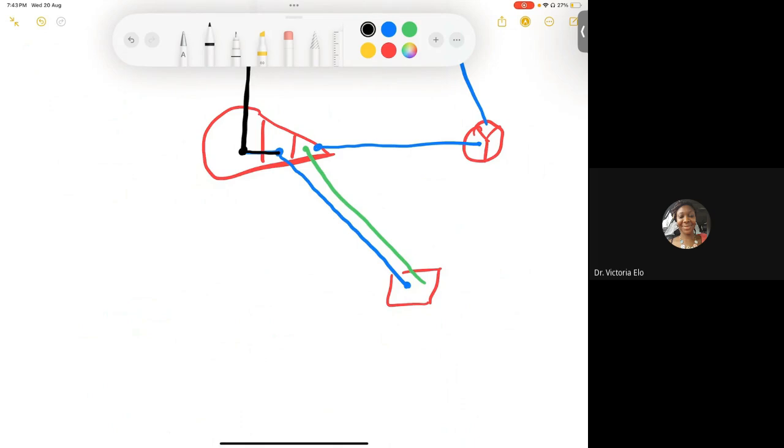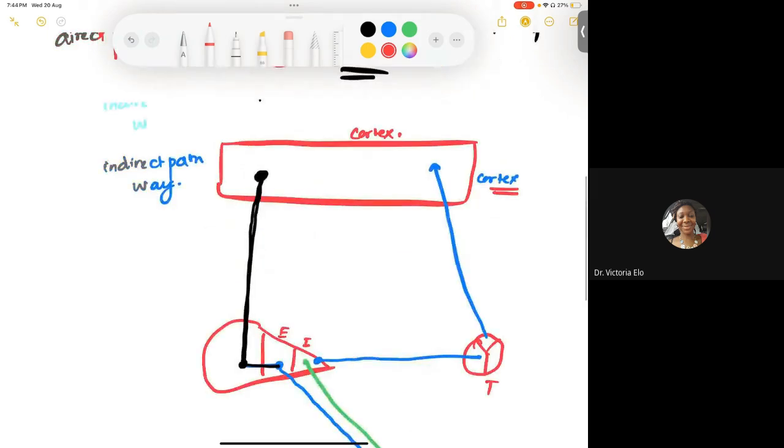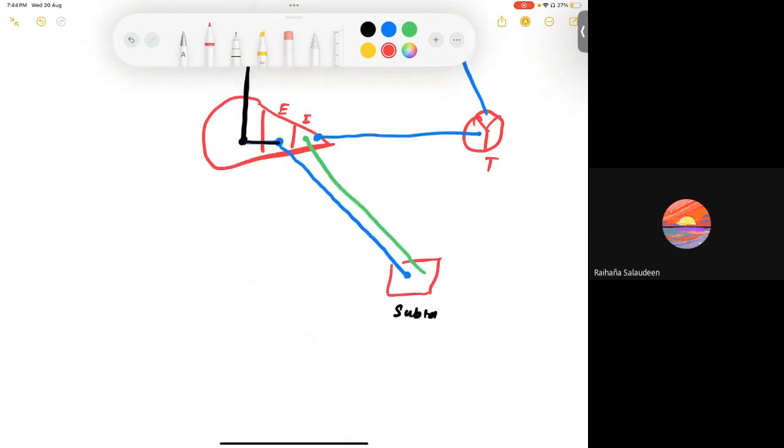From the externus, they are going to move into the subthalamus, which is present below the thalamus. From the subthalamus, fibers are going to project into globus pallidus internus. From the internus, again, they are going to move into the thalamus, and from the thalamus into the cortex. Is that clear? That's very clear.